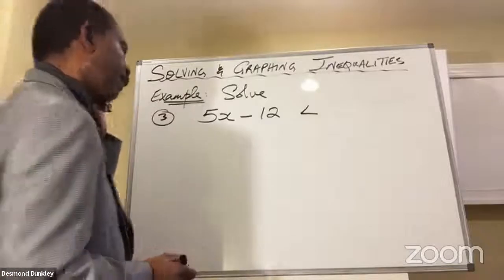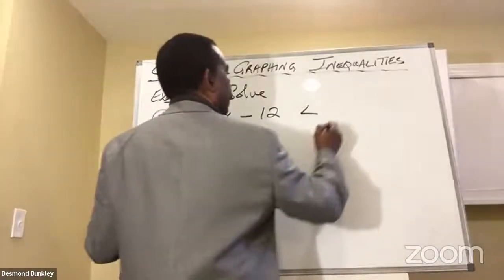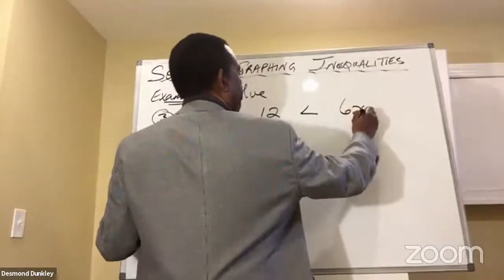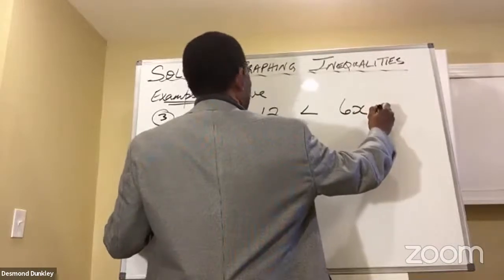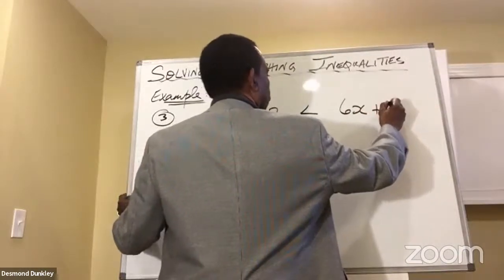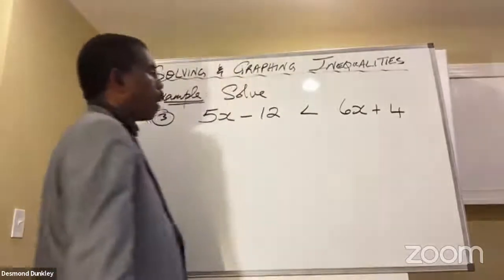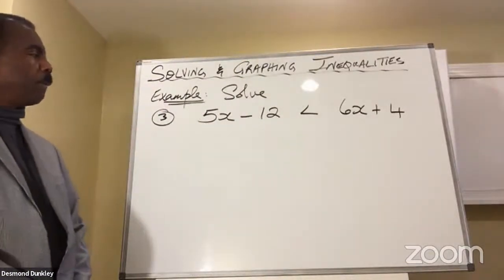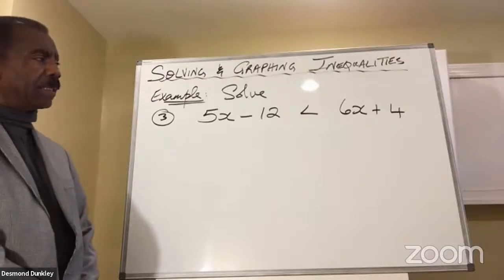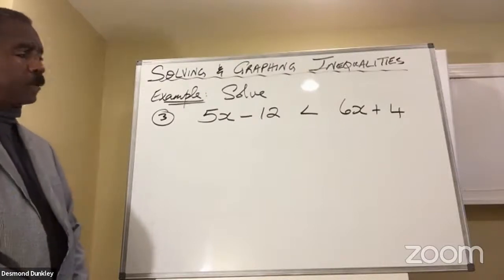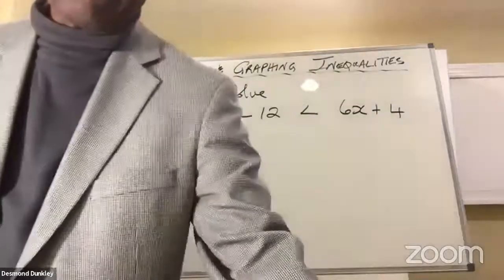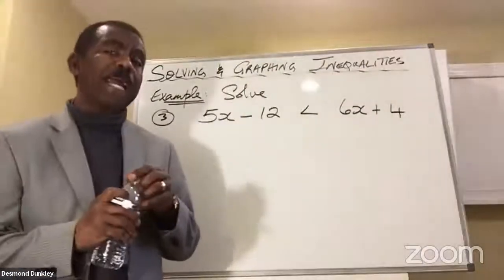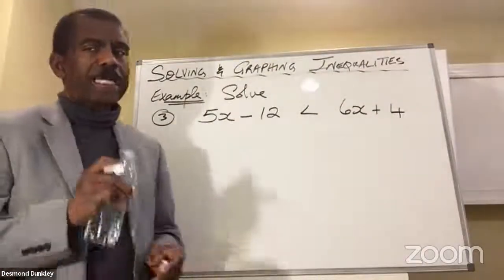5x minus 12 is less than 6x plus 4. Five x minus 12 is less than 6x plus 4. So we need to solve and see what values of x would satisfy that inequality.